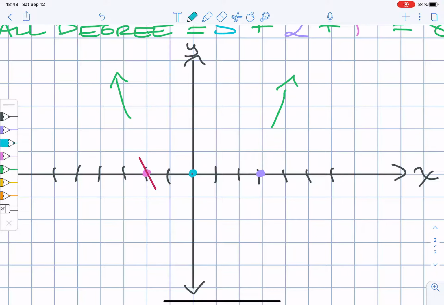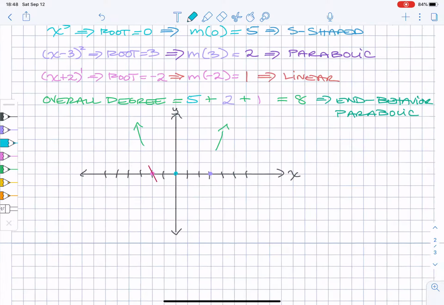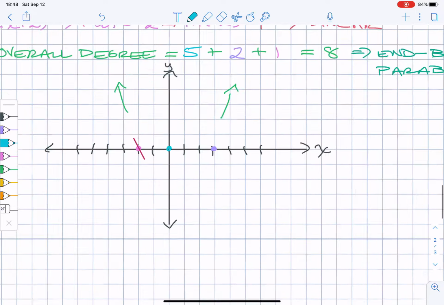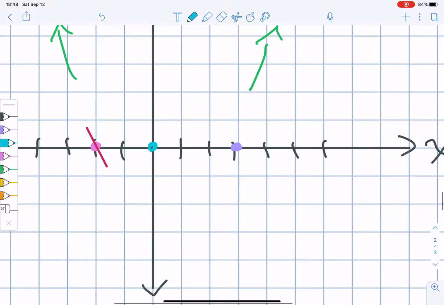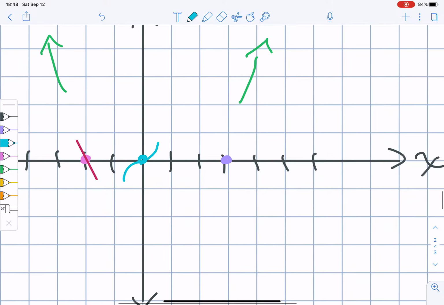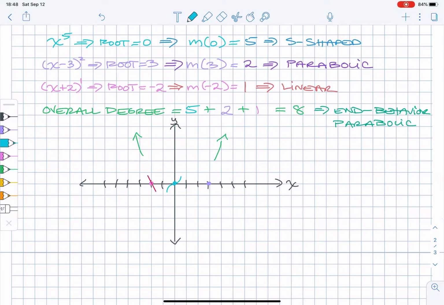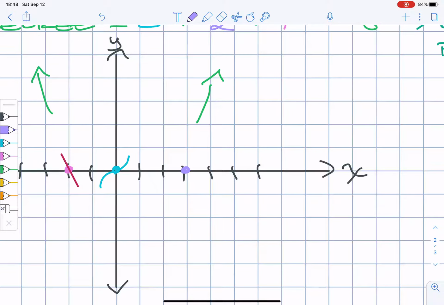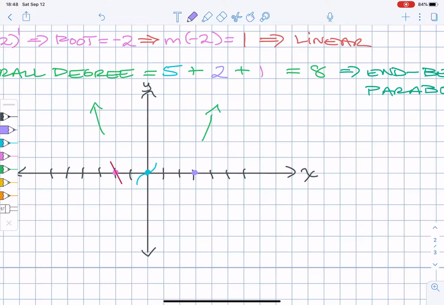That means I will be turning around and coming back up to the root at 0, which is going to be S-shaped. So it's going to be something like so. Then I'll be turning around and going back down to the root at 3, which is going to be parabolic. So it'll be a little parabola here at 3. Or maybe let me make this a little better.